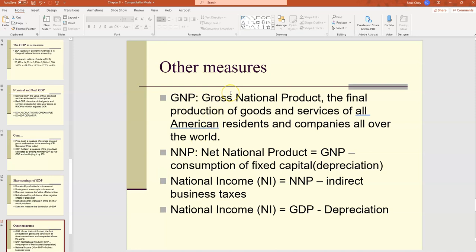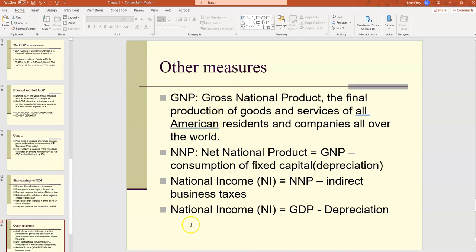Alright, a metric that we used to use as the standard for the size of the economy before 1993 was this number called GNP, or Gross National Product. Gross National Product used to be the standard for the size of an economy before 1993. After 1993, we started using GDP.